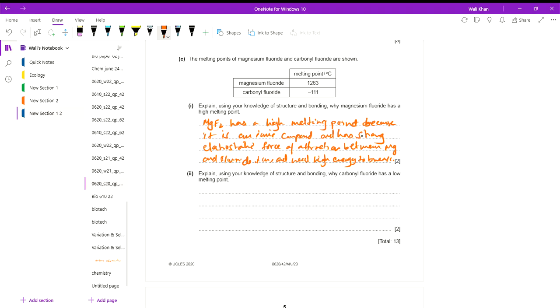Explain using your knowledge of structure and bonding why carbonyl fluoride has a low melting point.